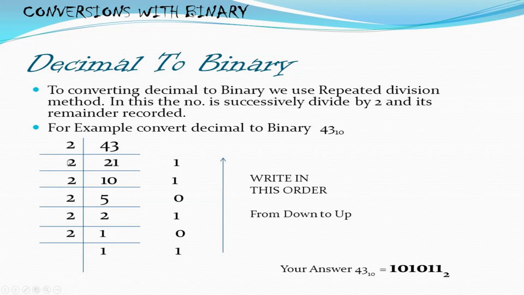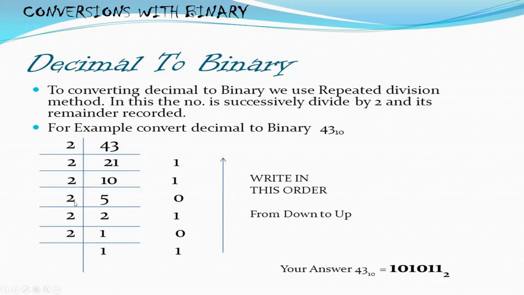I said repeatedly divide करना है जब तक हमें less than 2 नहीं आ जाता है. Now 21 divided by 2 gives a quotient as 10 and a remainder as 1. Dividing 10 by 2 gives a quotient of 5 and a remainder as 0. Children, take out your copy, notebook and paper and do it side by side.